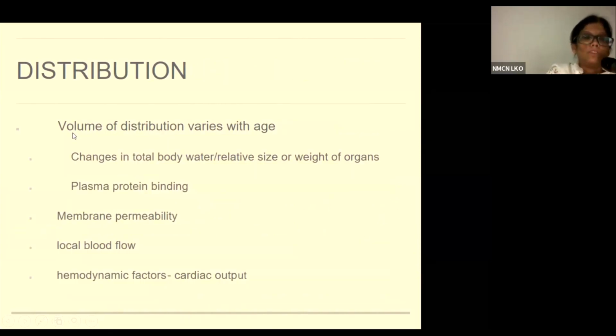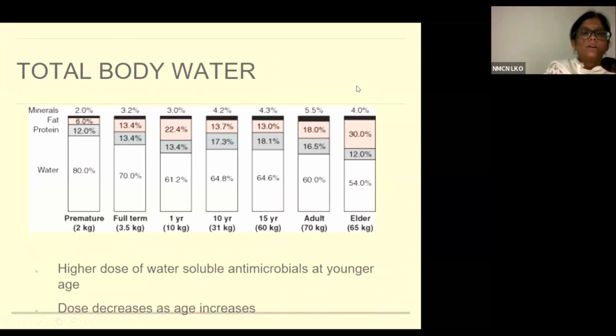Coming to the volume of distribution, it varies with age. There are changes in total body water, the relative size or weight of the organs, and it also depends upon plasma protein binding, membrane permeability, local blood flow, and other hemodynamic factors. This is a chart depicting the percentage of water in the body according to age.